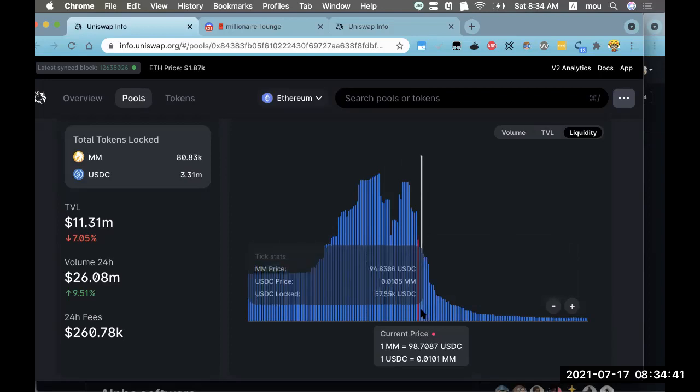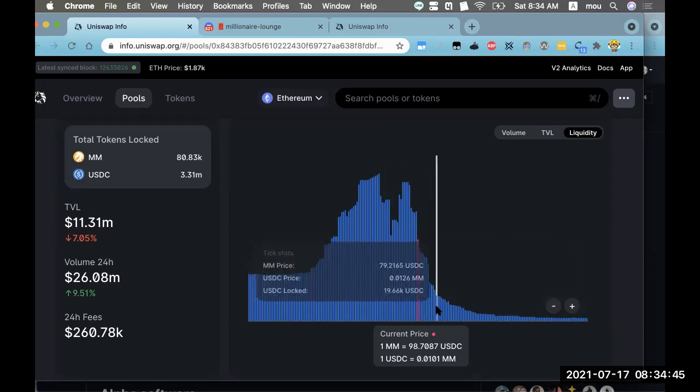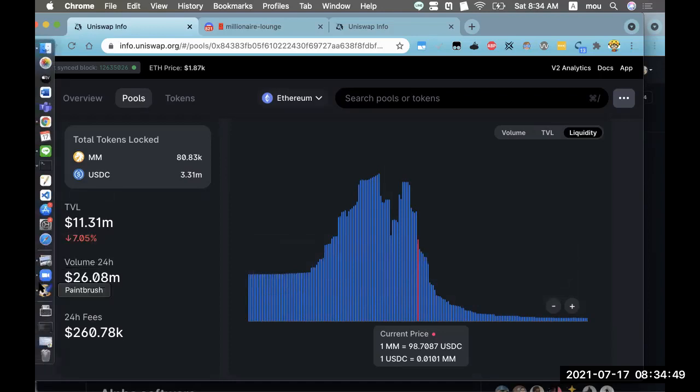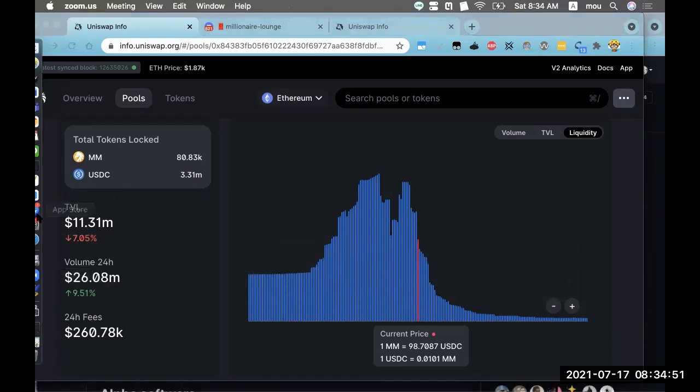Now you may ask, what's the benefit of putting liquidity below our range? Well, let me explain it on paper. So say the current price is 98.